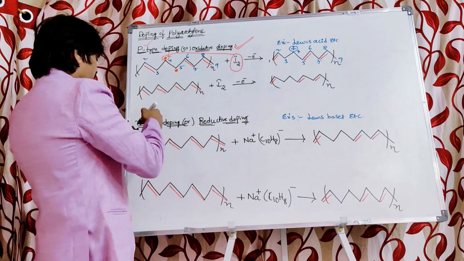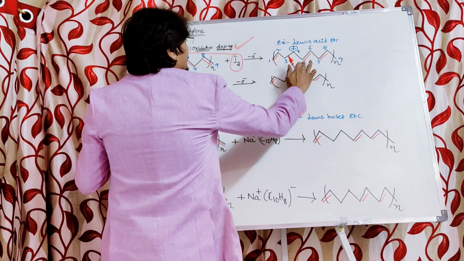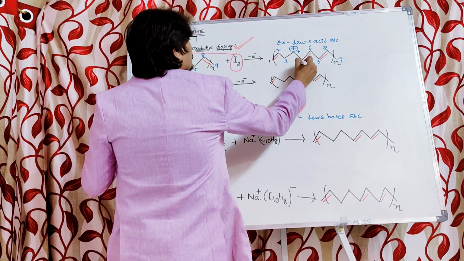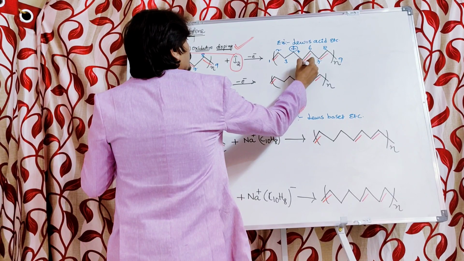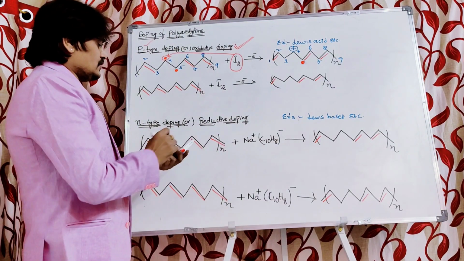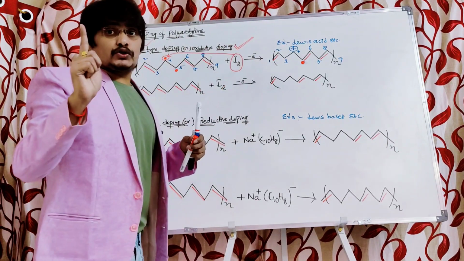Now the fifth carbon, there is no change in the fifth carbon, students. The electron is present. This is the case with all the other double bonds also, students.